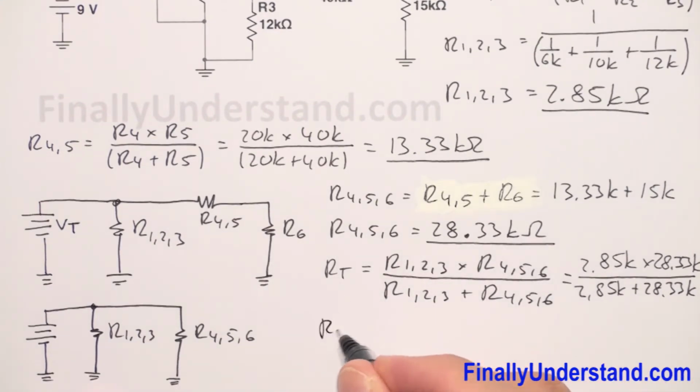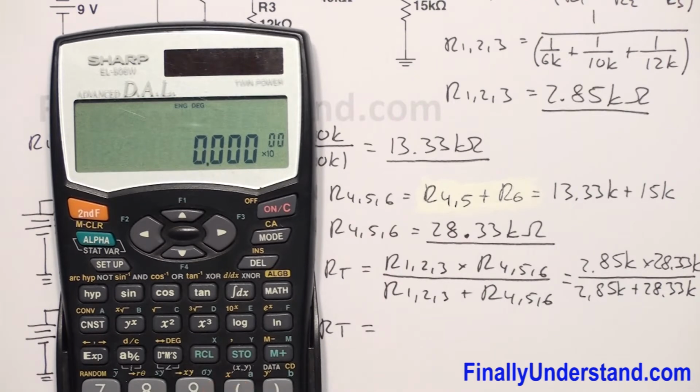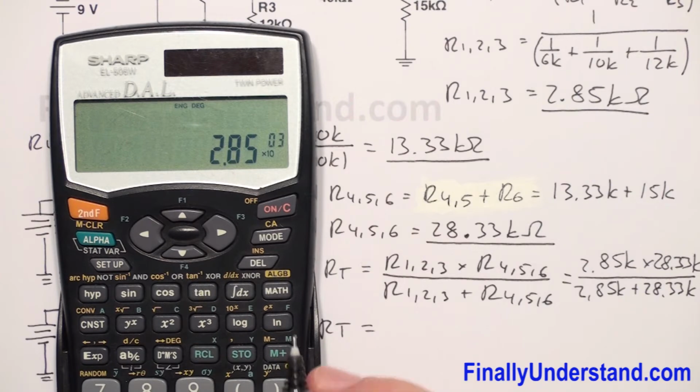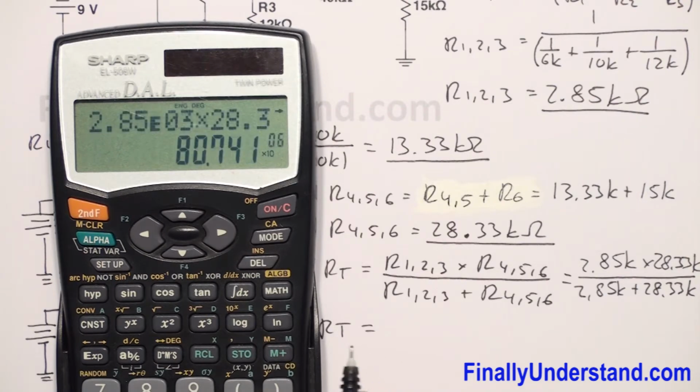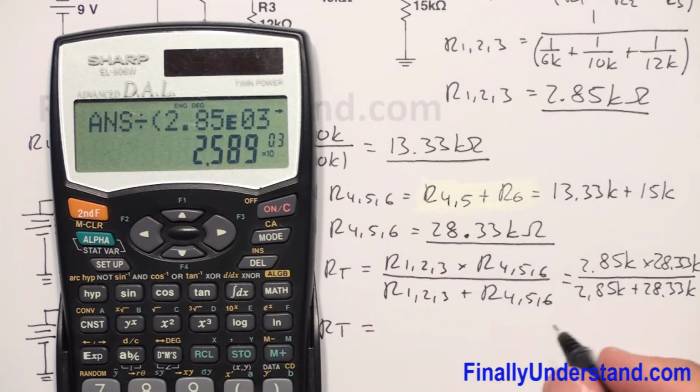So I have R total is equal to 2.85 exponent 3 times 28.33 exponent 3, divided by, open parenthesis, 2.85 exponent 3 plus 28.33 exponent 3, close parenthesis, equals 2.58K.